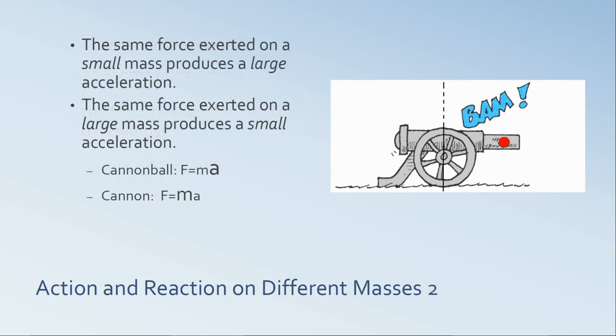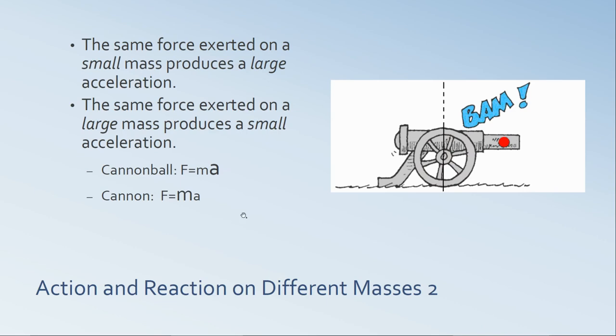Remember, in our last presentation, we talked about Newton's second law, which is force equals mass times acceleration. If we exert the same amount of force on a small mass, we're going to have a very large acceleration. The same force exerted on a large mass is going to produce a very small acceleration.